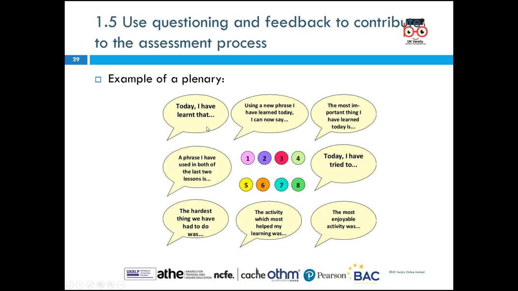Or if they're older students, you might give them a piece of paper and say, today I have learned, and then put a topic, and then you can ask what phrase they've learned, what the important thing is that they've learned, or what they tried to do today. So it's just you gathering these sheets of paper at the end of your activity, and you're understanding what they're actually doing.